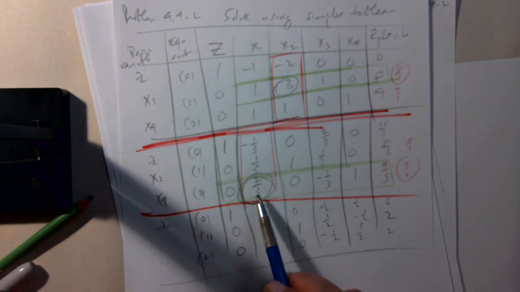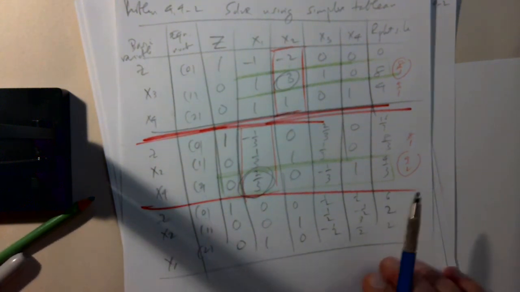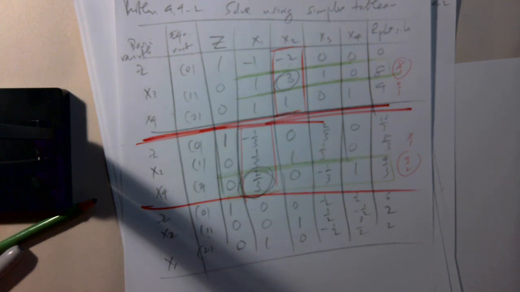And now you see, x1 has entered as a basic variable here, and x2 here. There are no negative numbers in the z line, so we're done. So we have our non-basic variables, x3 and x4 equal 0.